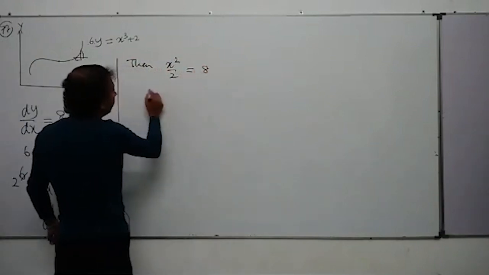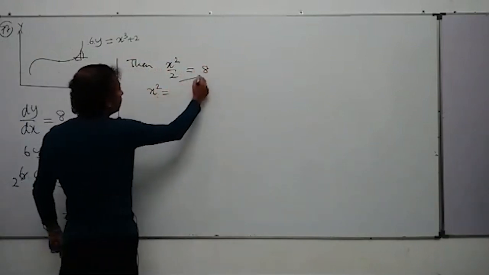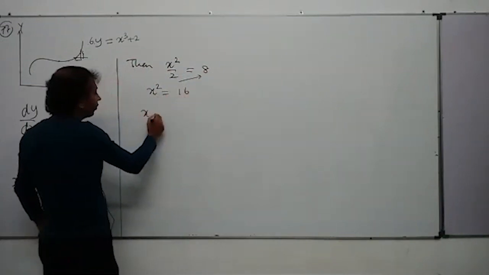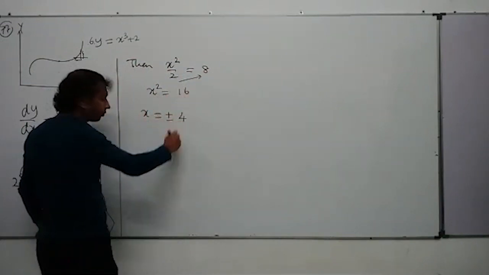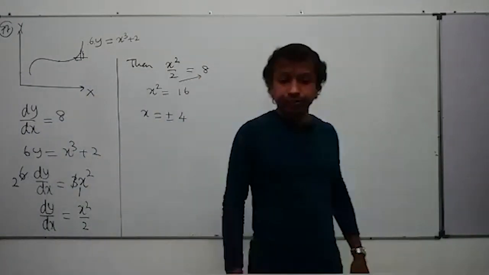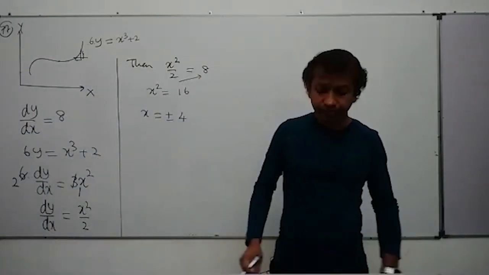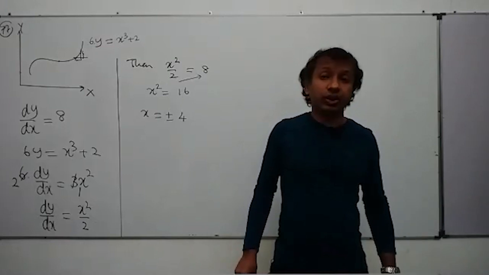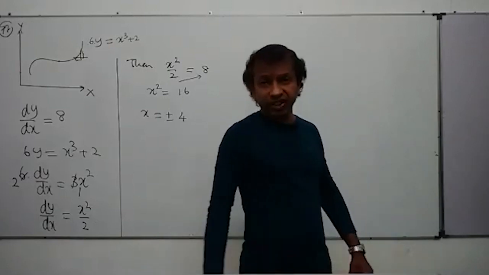By cross multiplication, x squared is 16, so x is plus or minus 4. There are two x values, one is plus 4, the other is minus 4. Then there are 2 points on the graph satisfying the required condition, dy by dx is 8.